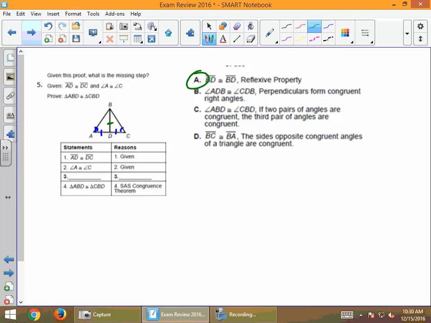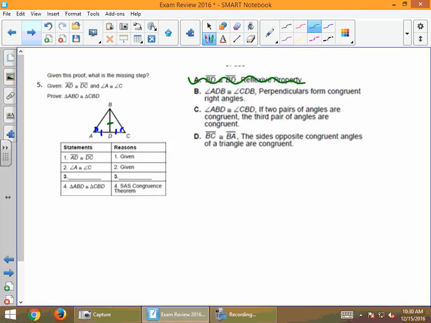Jason? Angle, side, side. Yeah, angle, side, side. Are we allowed to say angle, side, side in here? Oh, that's never ever going to be an option. Plus, 4 says side, angle, side. That's not saying side, angle, side. So A is not the answer. That one was there to trick you.